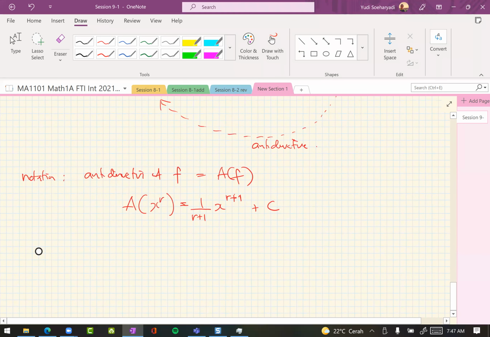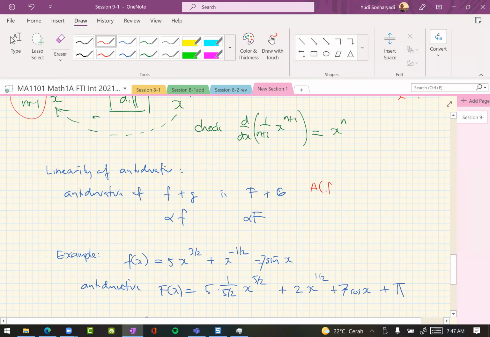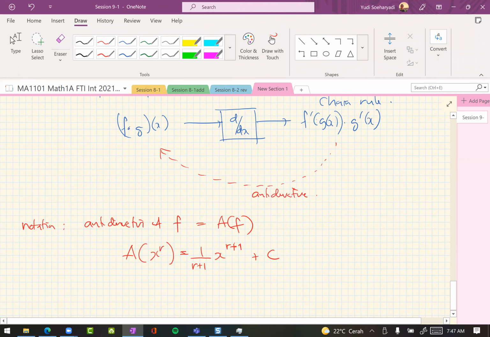So this rule here says that the antiderivative of f plus g is the antiderivative of f plus the antiderivative of g. The antiderivative of alpha times f is alpha times the antiderivative of f. Okay, so just a short notation.